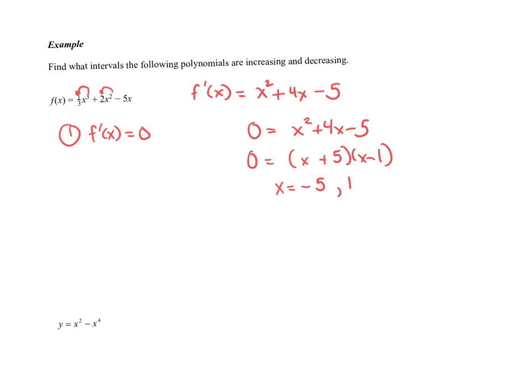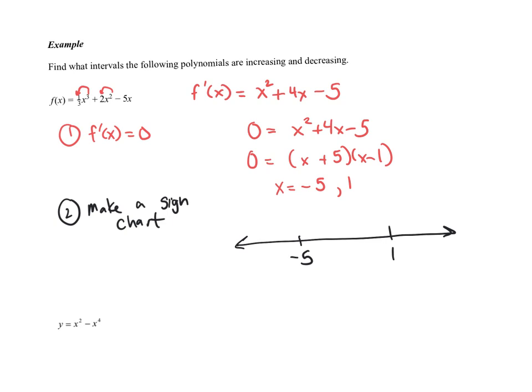So now if I want to see where it's positive and negative, I use a sign chart. So now that I found what's 0, I make a sign chart. And if you've never made a sign chart before for a quadratic inequality, it's not super difficult, but it's a little different. So I'm going to make a number line, and I'm going to put those two values on the number line, negative 5 and 1.